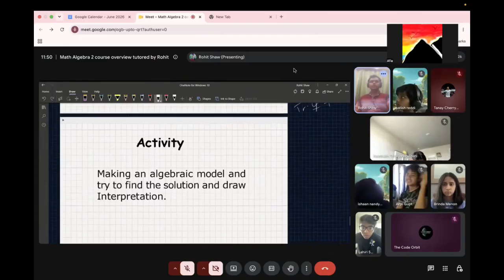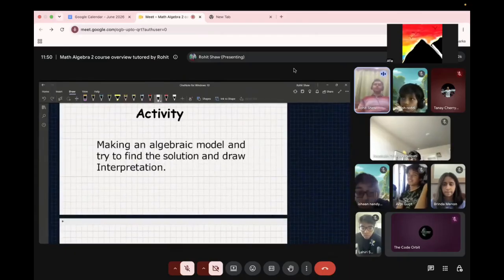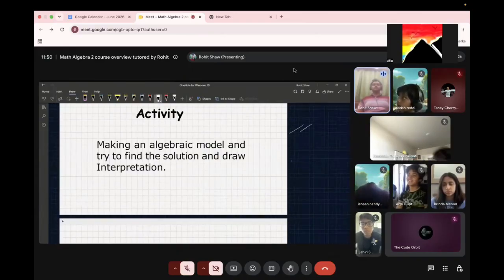At the end of each topic, I will try to make some algebraic model and share the solutions with you, so you can get to know the real world applications of the topics that you've been doing, because that is what you will be doing in the future.